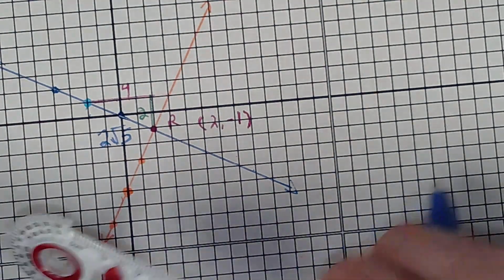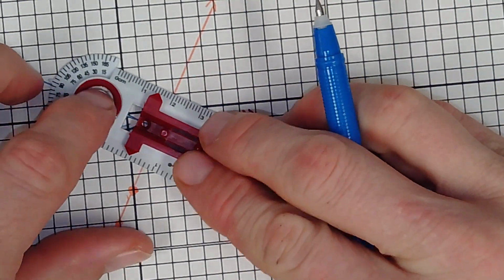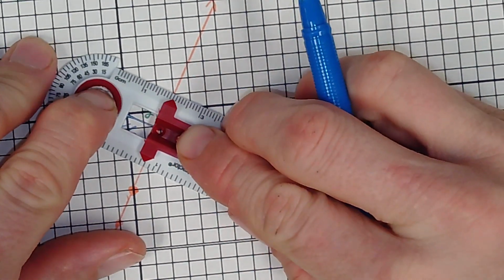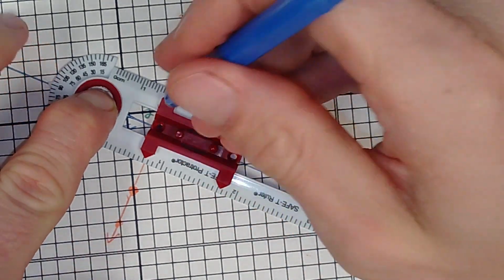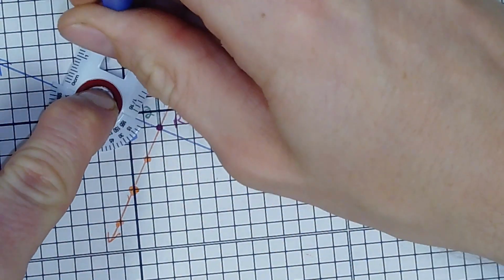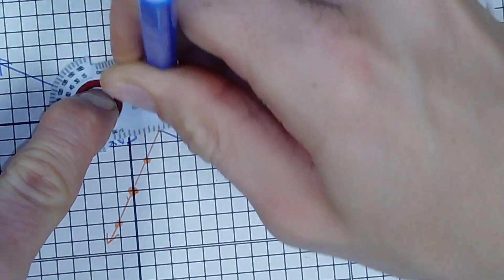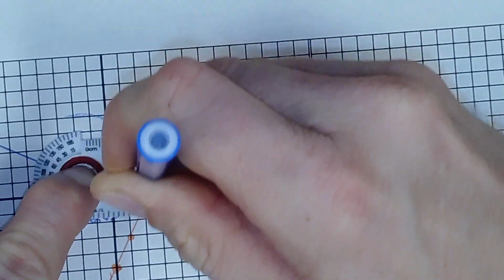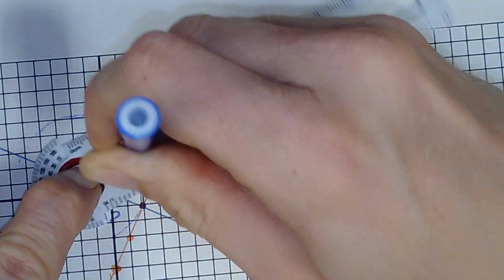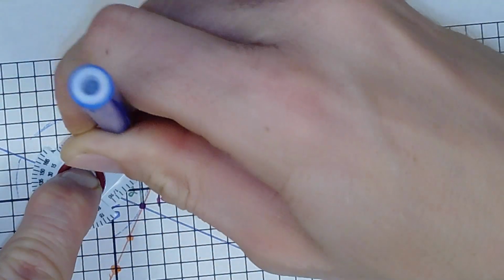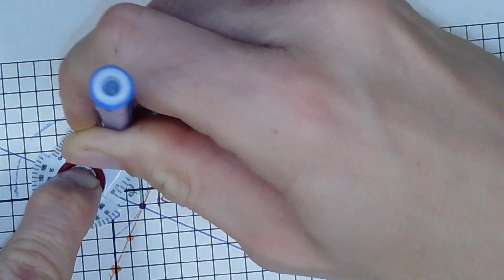So I go ahead and put it all together here. My radius of my circle is 2. It's going to be an ugly circle because of the ink in my blue pen. I have another blue pen.